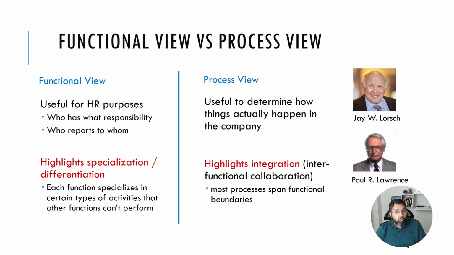Okay? What Lawrence and Lorsch showed was that especially in complex business environments, and especially if the organization was doing something complex, not something super simple like maybe just a pizza shop or something, making something very simple. In complex operations and in complex environments, the organizations that did exceedingly well were organizations that had high levels of specialization and high levels of integration.